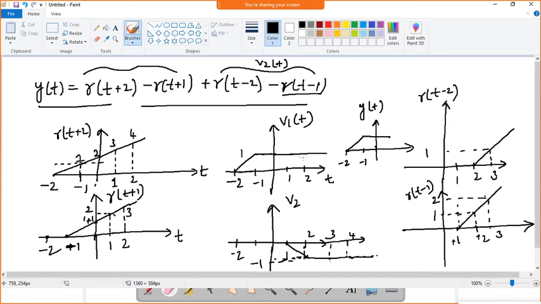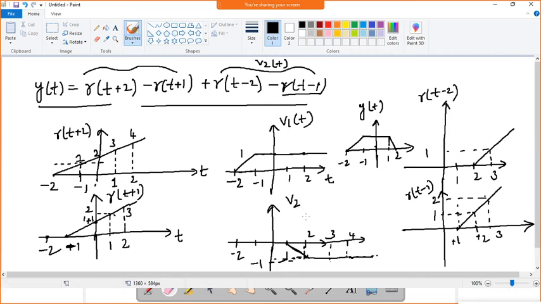Now at 2 what will happen? At 2 it is minus 1 and here it is plus 1, and it will give 0. Since it is a ramp signal, if you add both, it will be a decaying ramp from 1 to 2. You can see here it is plus 1 value and here it is minus 1 value.